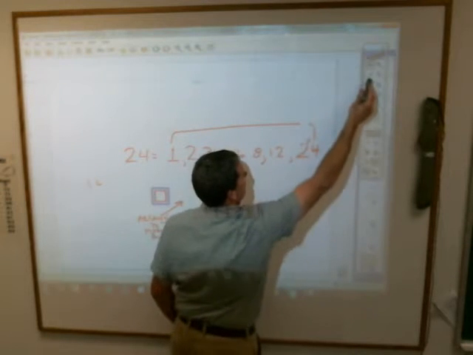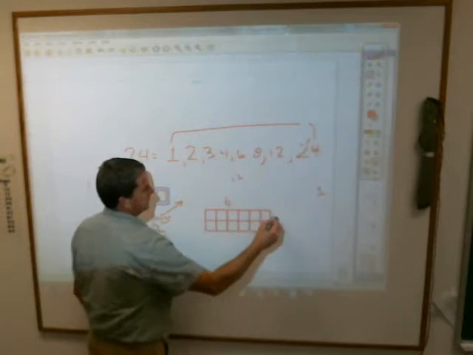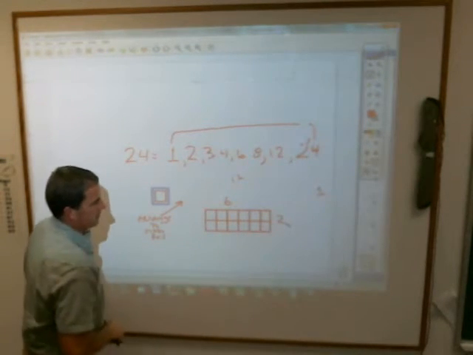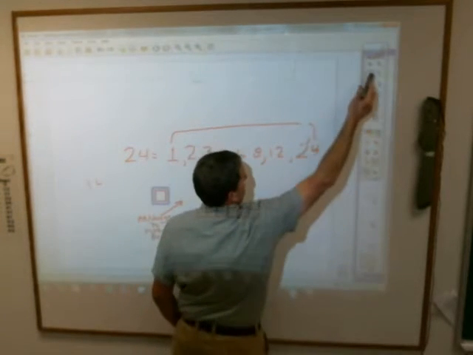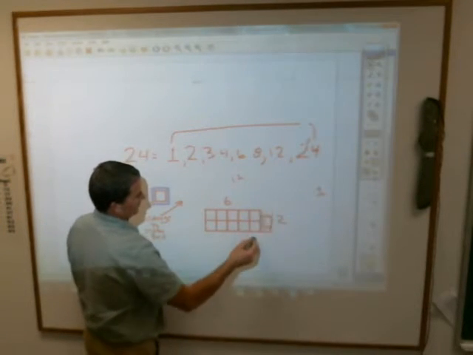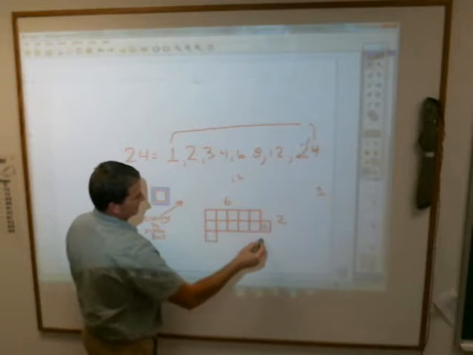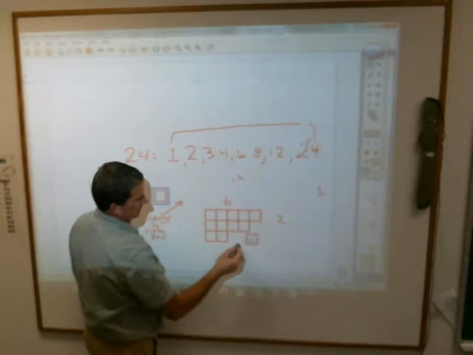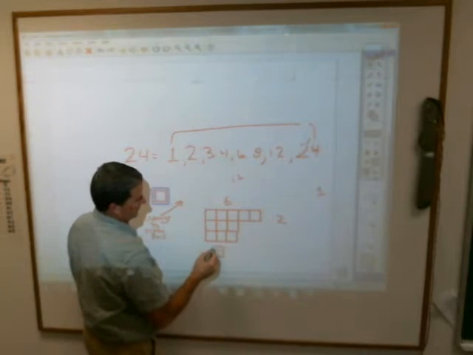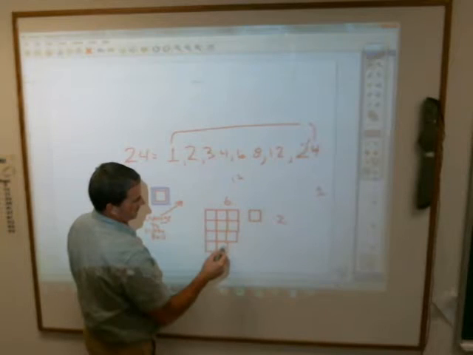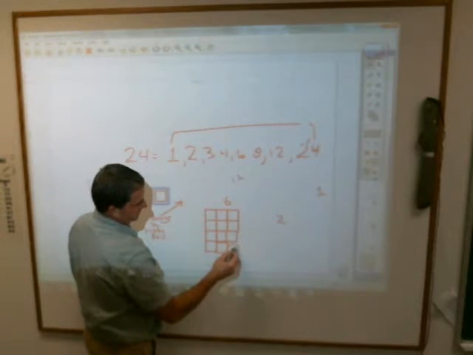Another way you could arrange it is a 3 by 5? No, 3 by 5 would give you 15. 3 by 4. Yes, 4 by 3.